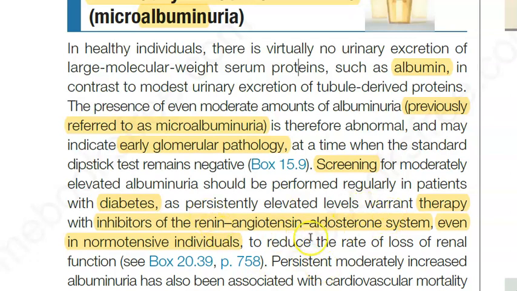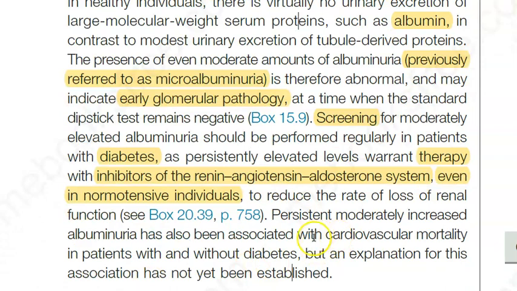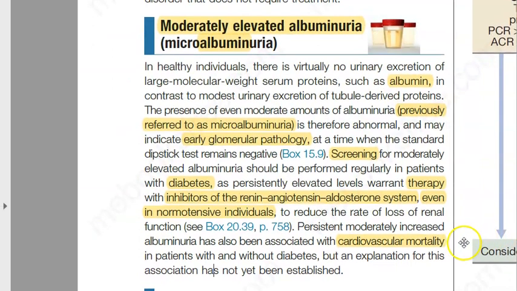Renin angiotensin aldosterone will try to increase the blood pressure, so you inhibit this and decrease the blood pressure. That's all they are saying. These people with moderately increased albuminuria are more prone to cardiovascular mortality. If somebody asks you about microalbuminuria in the exam, you have to write these many points.